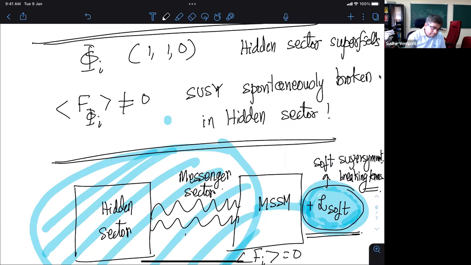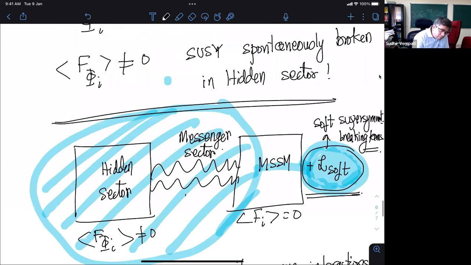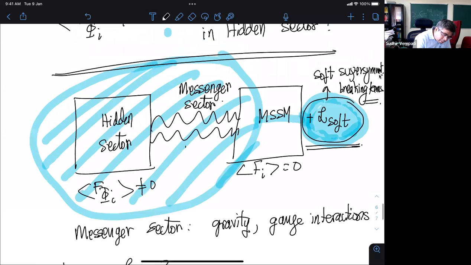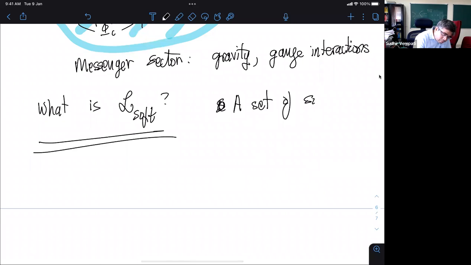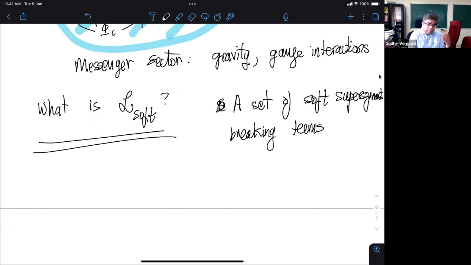So what is L soft? L soft is a set of soft supersymmetry breaking terms, very similar to what we have seen for QED.